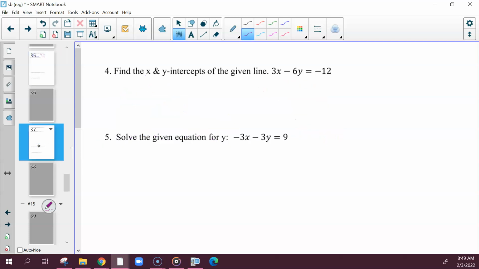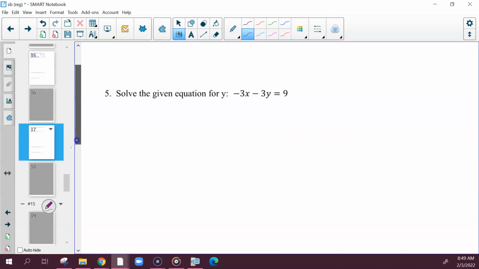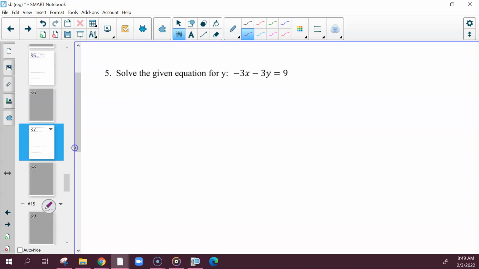Did we learn that like last year or something? Literal equations we haven't actually talked about. To some extent we have, but have not. When we're solving this for y or solving this for x, that's kind of literal equations, but we haven't done that with other variables except x and y.